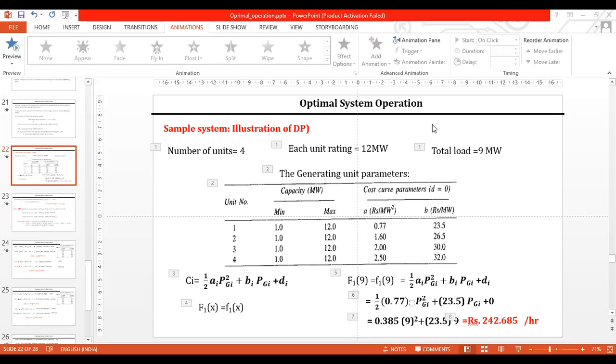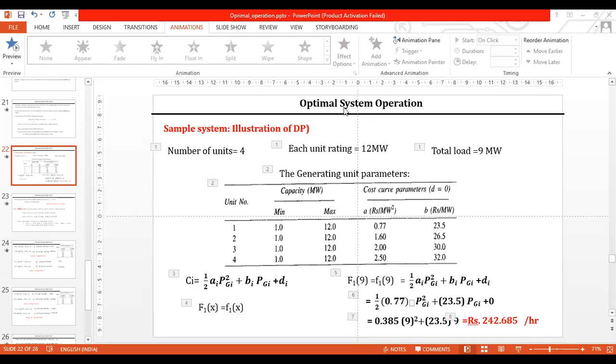All these combinations you have to try by solving your coordination equations. So it is a tedious task. Therefore, we use the dynamic programming optimization method to solve this. Clear? So this is what we have said.